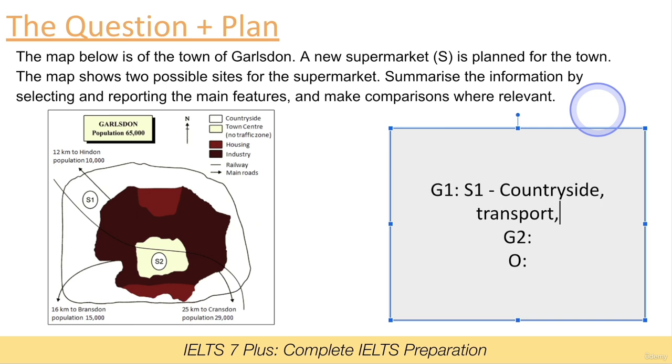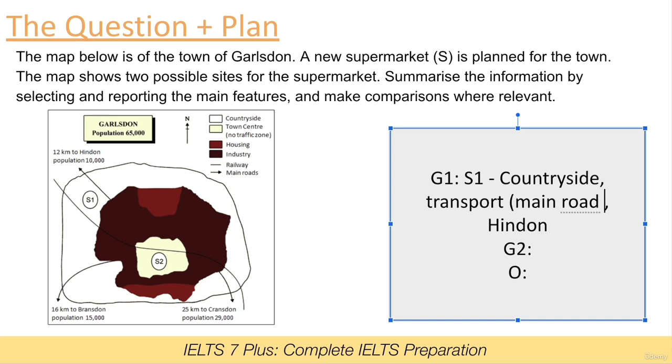I'm going to talk about the transport. And I might talk about the town of Hindon in conjunction with that. And perhaps with transport as well, I might talk about the main road. Let's add that in. Oh, main road. And that will be useful for the industry areas.